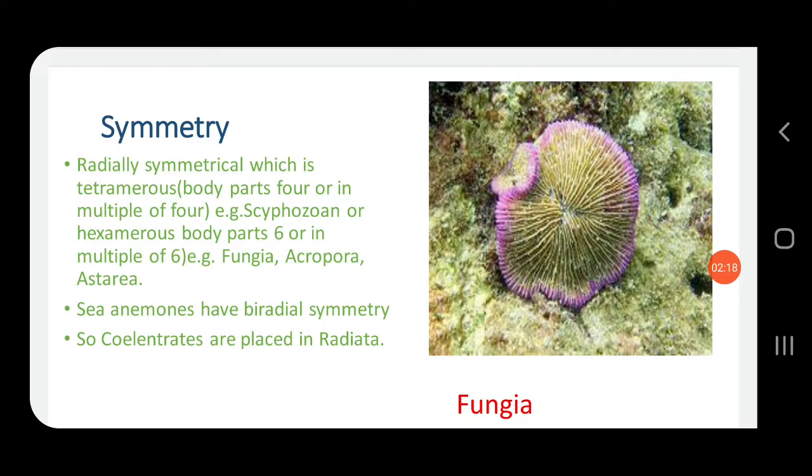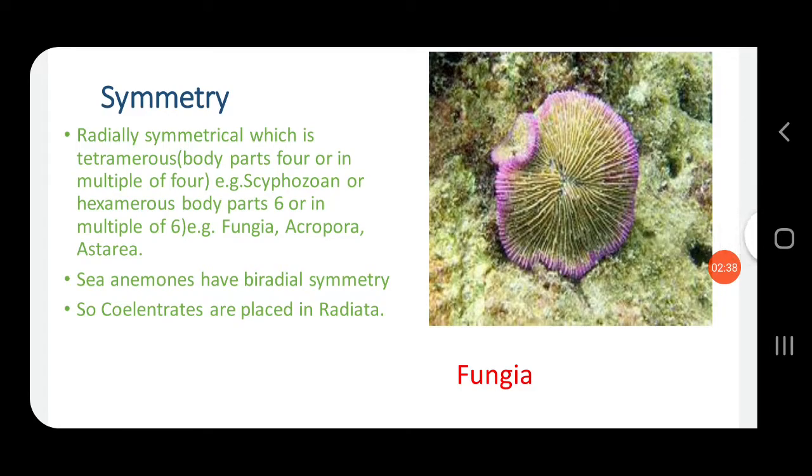If we talk about the symmetry of this group, coelenterates are usually radial, and in radial symmetry they may be tetramerous or hexamerous.